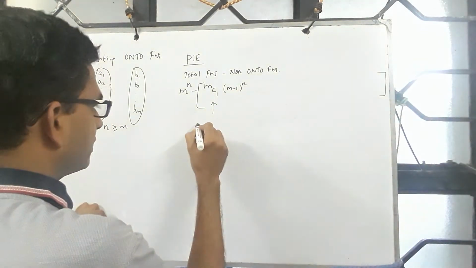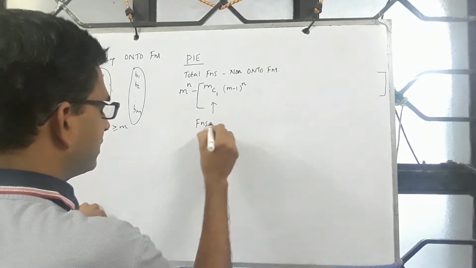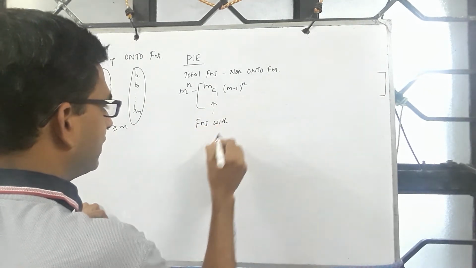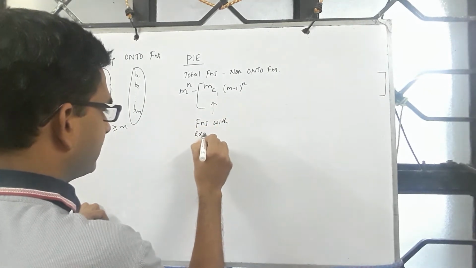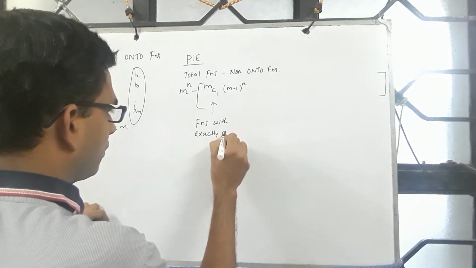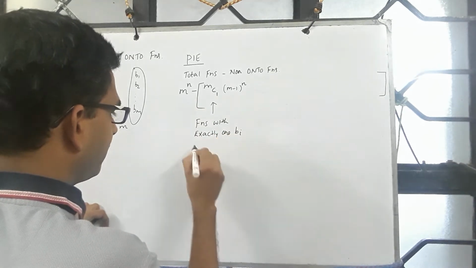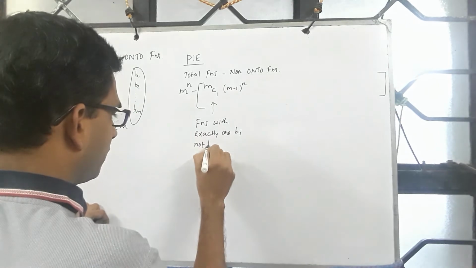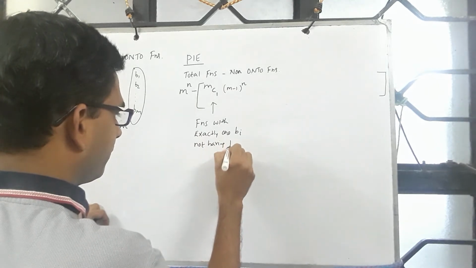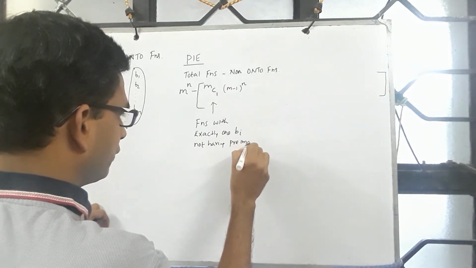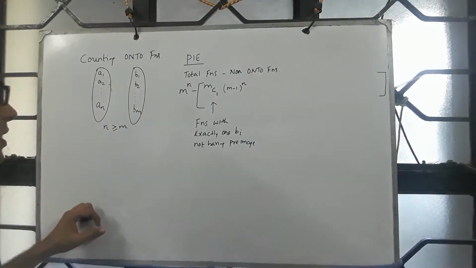So this one is functions with exactly one bi not having a pre-image. So we don't know which bi it is.